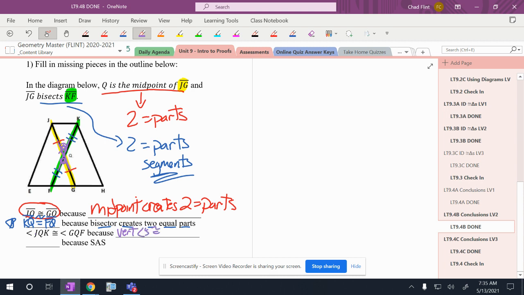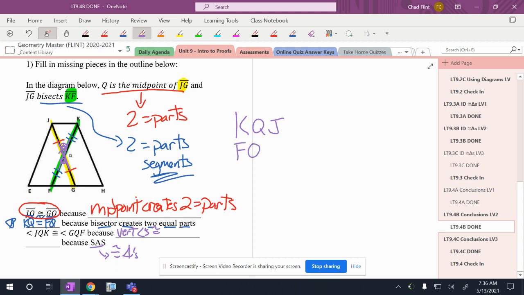All right. And then that leaves me with this last piece that says because SAS. This means that I'm looking for congruent triangles. The last step in every problem in this section and in the next section will be about congruent triangles. So over here to the side, I'm going to put KQJ, and I'm going to match things up. So KQ is the side with the green side. So that's going to be FQ.